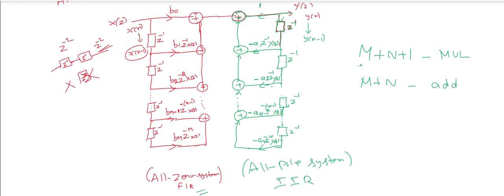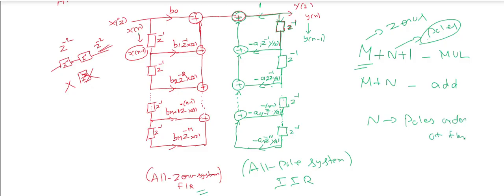What is M and N? So M is the zeros and N is the poles. The poles only order of the filter. N is equal to poles, order of the filter. So normally M should be less than N. So this is the order of the filter.